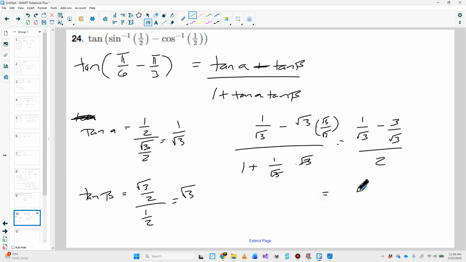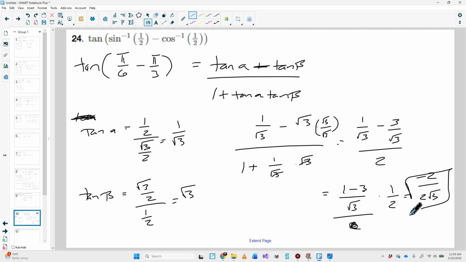And so this is going to give me 1 minus 3 over the square root of 3 over 2. I can multiply this by just 1/2 because that's what that is basically telling me. And I now have 1 minus 3, which is just minus 2. Minus 2 times 1 is just minus 2 divided by 2 times the square root of 3. And that should be the answer to that question.